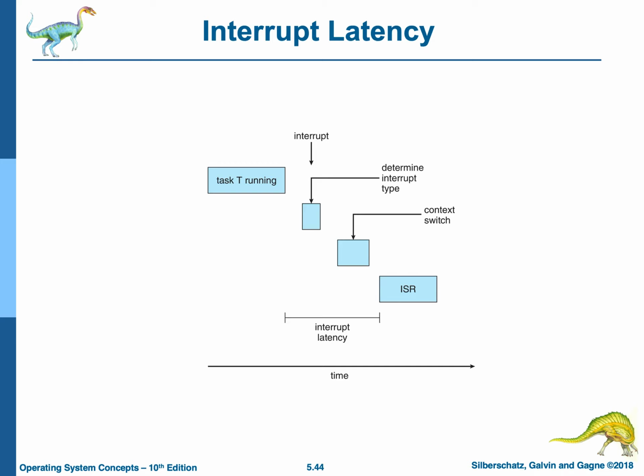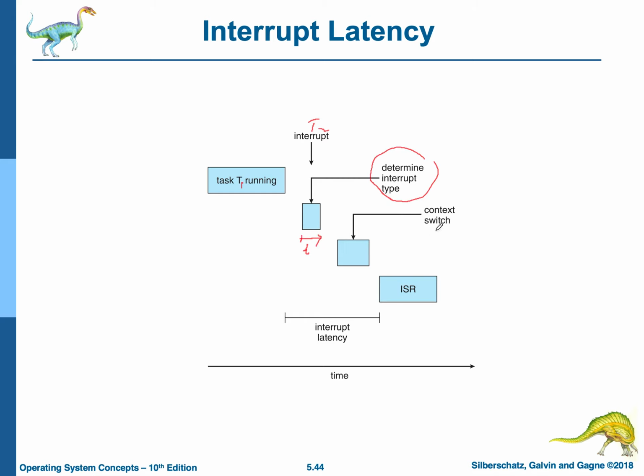In the next slide we see an example: suppose a task T1 is running over here, and another task T2 has interrupted. It determines the interrupt type, which takes some time.